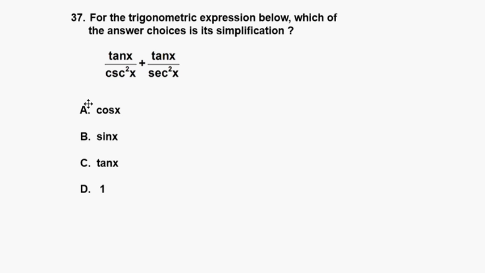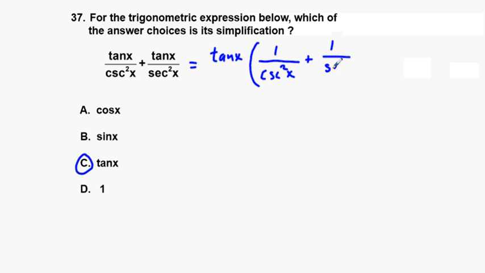So we go and circle answer choice C. If we're going to work this out otherwise, we have a common factor between these two terms, which is tangent x. Having factored out tangent x from each term, we have 1 over cosecant squared x plus 1 over secant squared x.